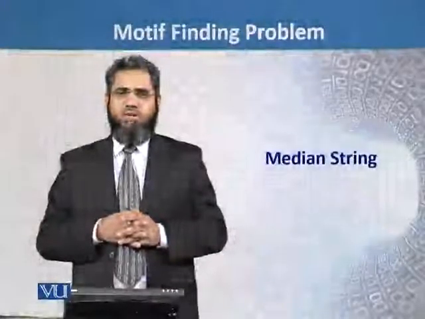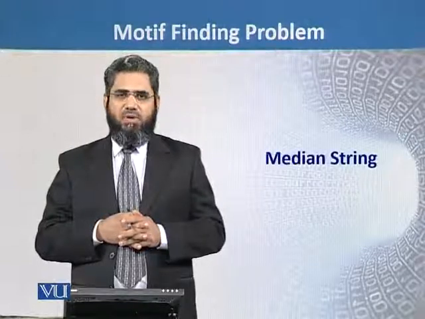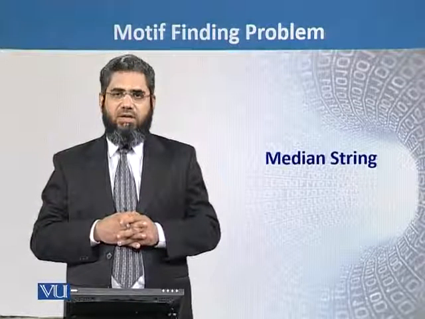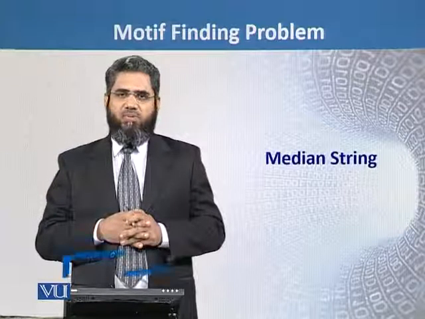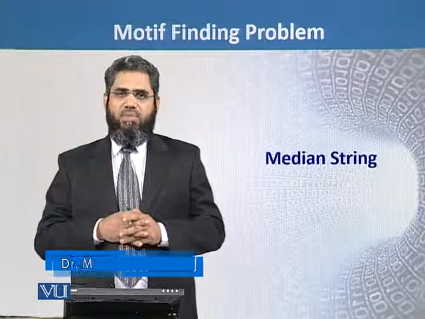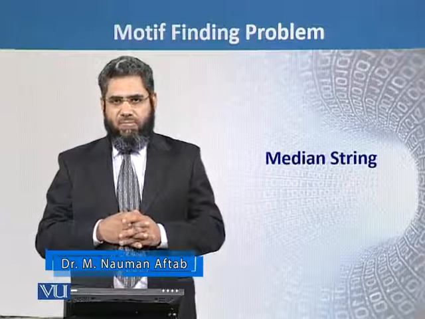Another view to solve the motif finding problem is to convert it into the median string problem. In the median string problem, we calculate the Hamming distances between two DNA sequences.